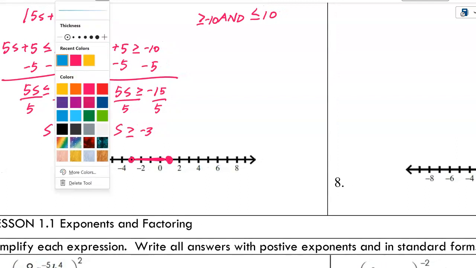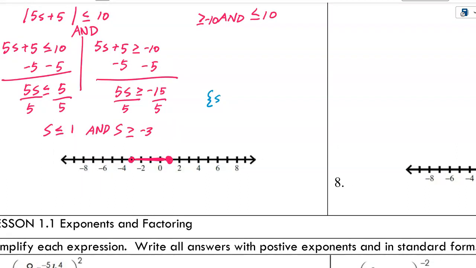The way that we write it with set builder notation is s such that s is an element of all real numbers, and -3 is less than or equal to s, and s has to be less than or equal to 1. A compound inequality like that.